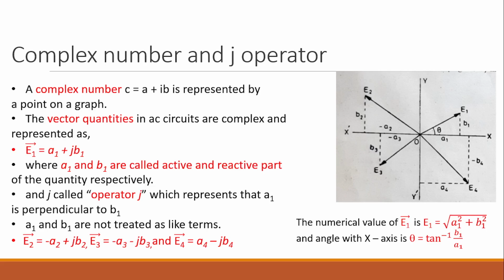And what about j square? It will be j into j, or simply square root of -1 squared, which is -1. And as far as rotation is concerned, it is a counterclockwise rotation by 180 degrees. That means it reverses the direction, and therefore j square has a value of -1.